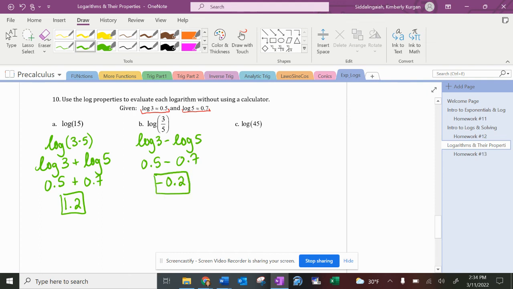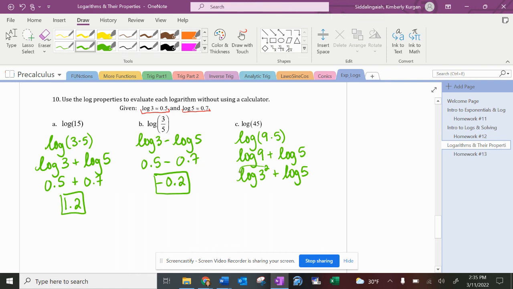And our very, very last problem, 45 is not as nice as the 15, is it? So again, we want to break up into 3s and 5s. Let's think of this as log of 9 times 5. So a little bit of a variation on part A. So this is log of 9 plus log of 5. But the 9 I want to rewrite as a 3, so that's going to be 3 squared.